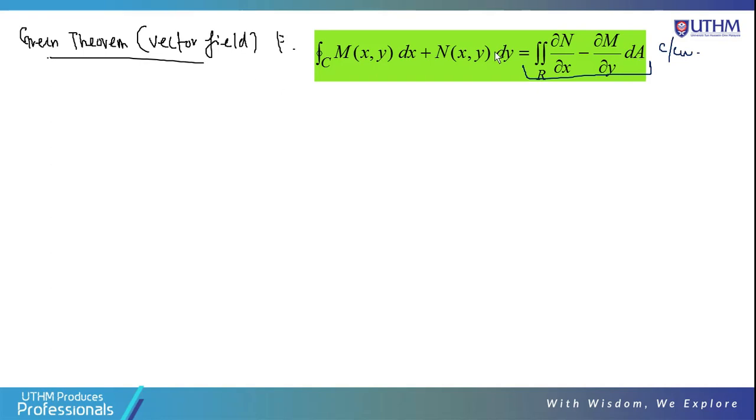So for the Green theorem, the line integral must be in form of the linear in form of the vector scalar field, must be in this form.